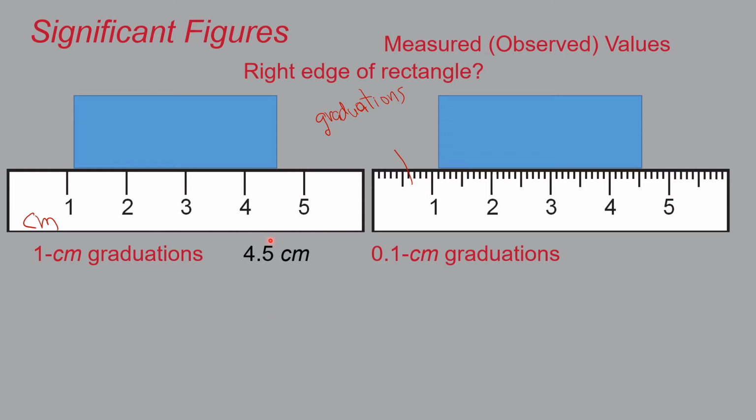So what happened here? Well, clearly, you estimated, right? Because you know that there's this big gap here. It's about halfway between the two, so you probably tacked on the 0.5 to indicate that it's halfway between 4 and 5. All right, let's go back to significant figures. So what was the definition? They were the digits whose value are known without estimation. So that means the numbers that have a line.